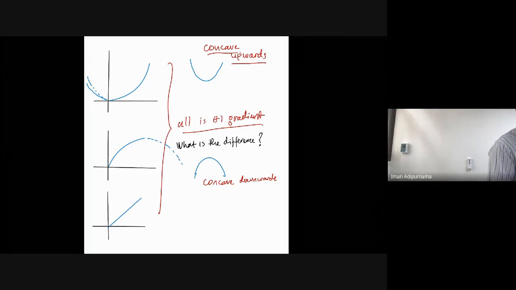Okay. When concave upwards, you will have your minimum here. And when you have concave downwards, you have the maximum. So in your cubic formula, your function is, okay, you see that it's half upwards and half downwards, right?